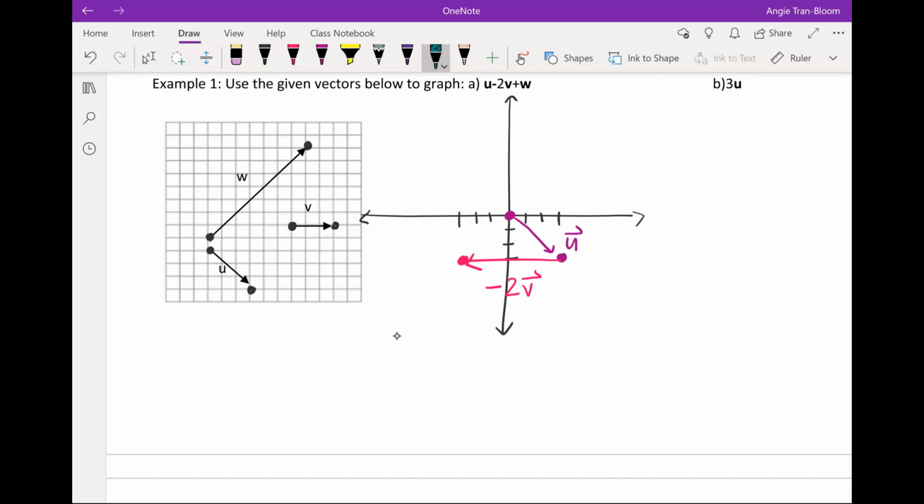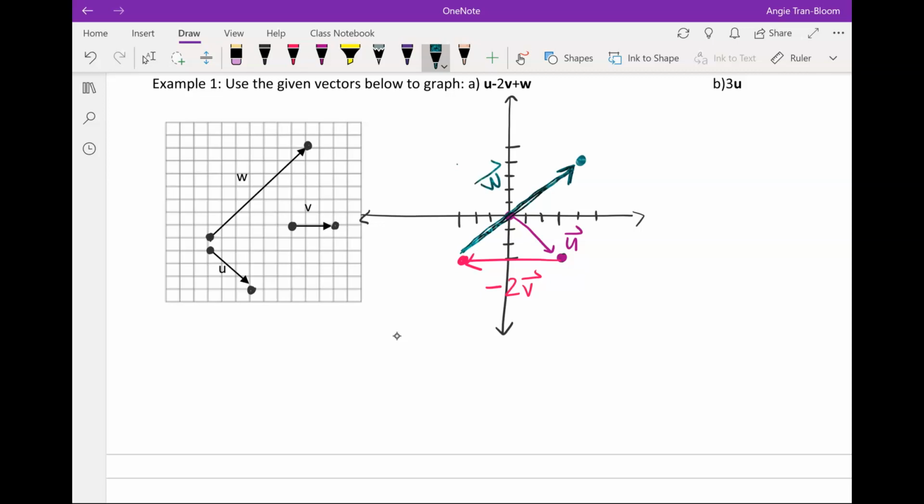No, at the end of that last dot, okay? 1, 2, 3, 4, 5. Okay, so I need to count. Up 7. And then 3, 4, 5. So right here is my... That is your w vector.